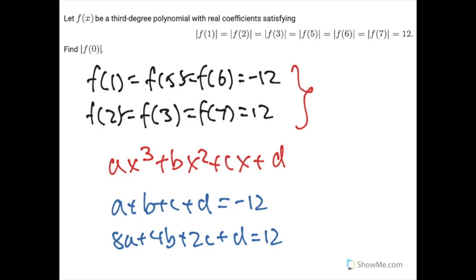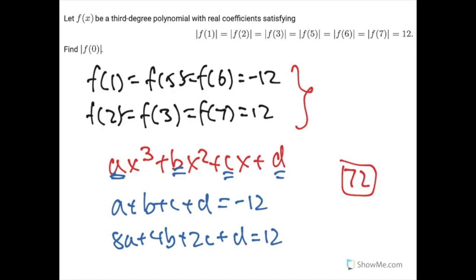But we don't even need all 6, because a cubic has only 4 variables, a, b, c, and d over here. So we really only need 4 equations and not 6. And solving a system of linear equations isn't really that difficult, and I'm going to leave that to you. And eventually you're going to find that f of 0 is equal to 72.